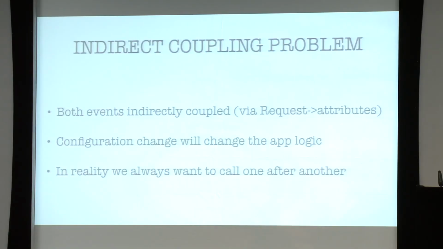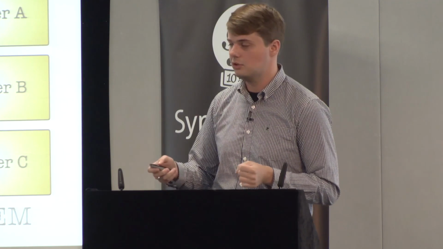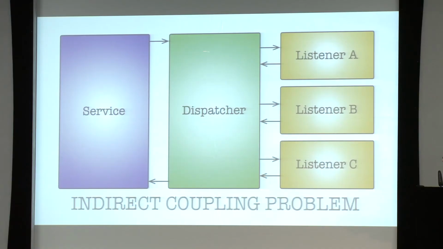Also, in reality, we always want to call the geo-IP detection first and then the locale detection, in this order. So why don't you just create one class that wraps these two functionalities and does it at once? It's just going to be way easier. So in reality, what happens with the mediator in Symfony when people use it in the wrong way is that some service is throwing an event, then it goes to the first listener, which does something with the state, and it's coming back.